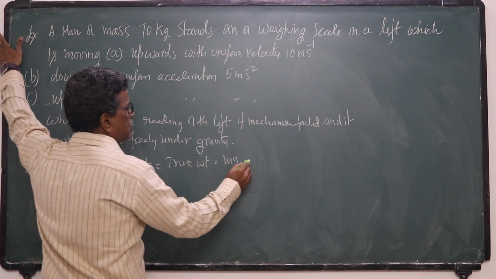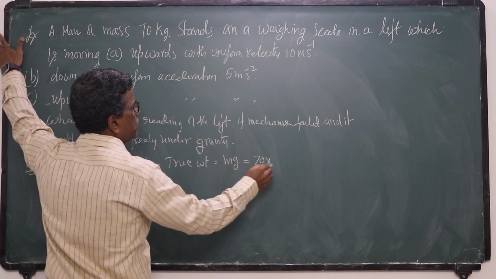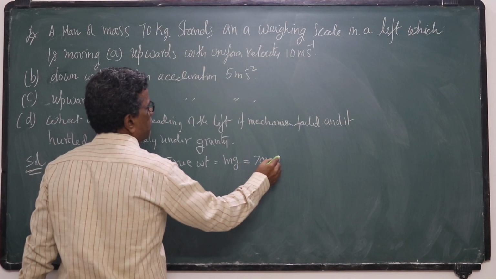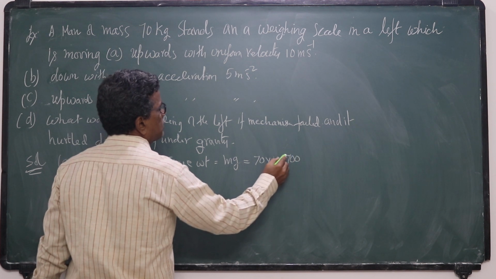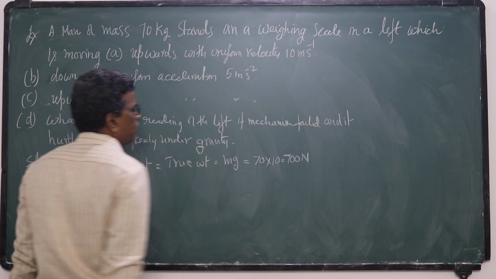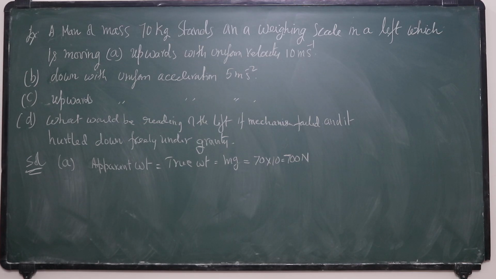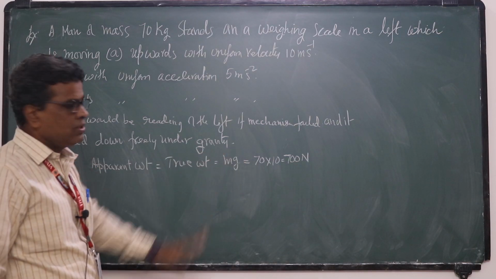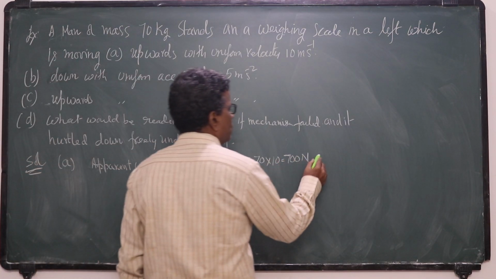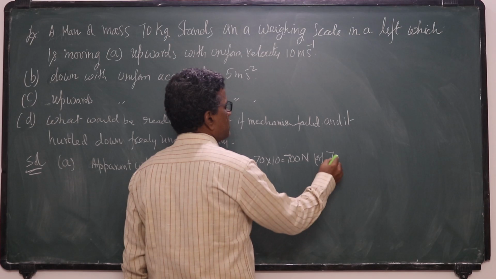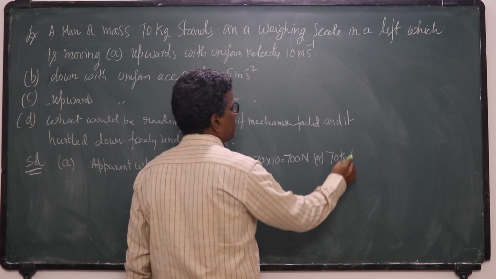M is 70 into g, let it be 10, so that is 700 newtons. So the reading of the weighing machine shows 700 newtons or 70 kg weight.